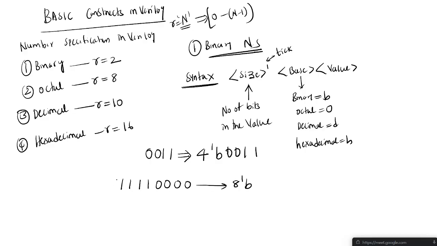This is binary only, not octal. And the value is 1111 and 0000. Like this we will represent. Is it fine? Do you understand? Yes, sir. Understood.